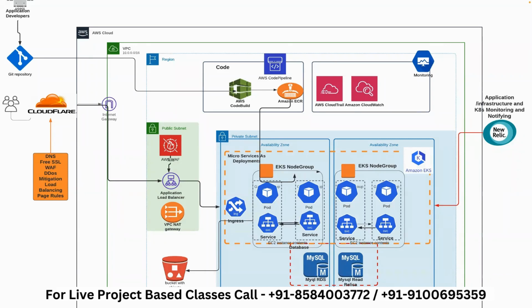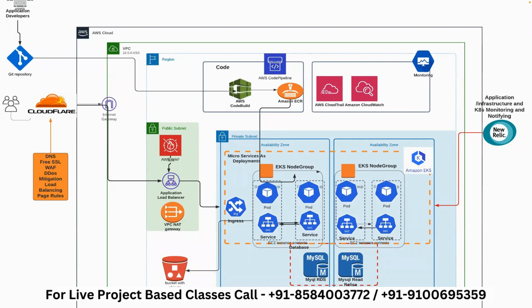So we will explore that as well. If you're working for a global organization, you would use some kind of content delivery network. Either you would use Cloudflare, or there is a product from AWS called CloudFront. So you would use that. So this is the 10,000 foot view of this project.